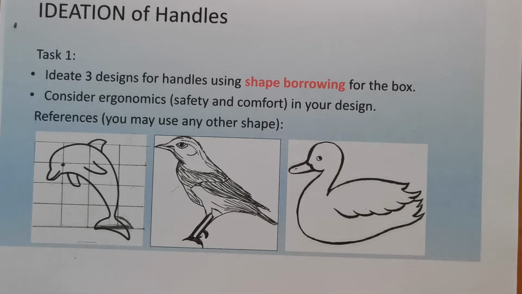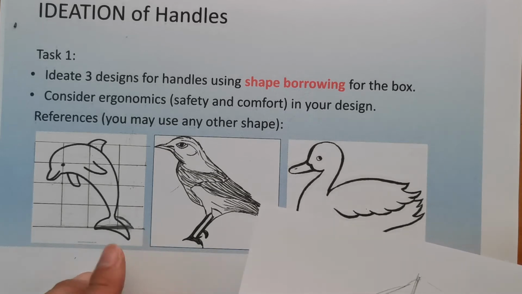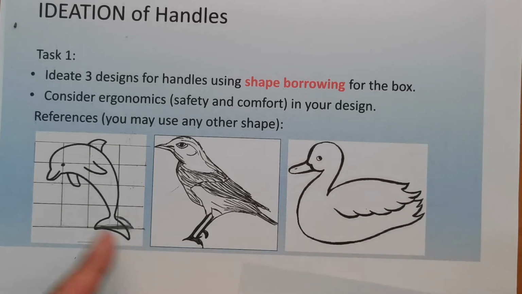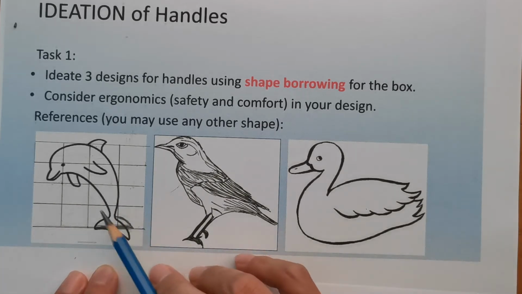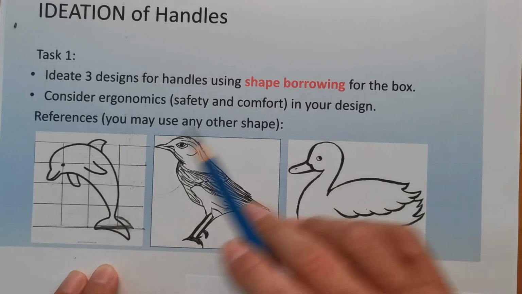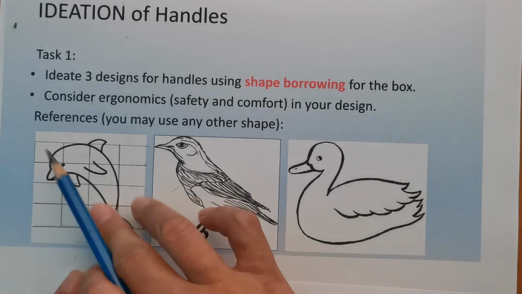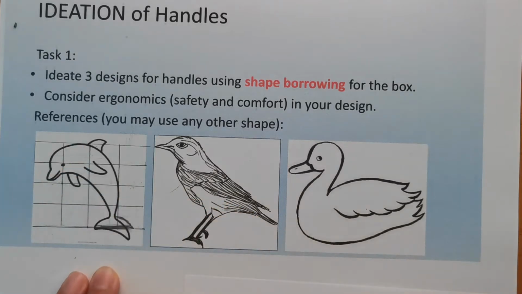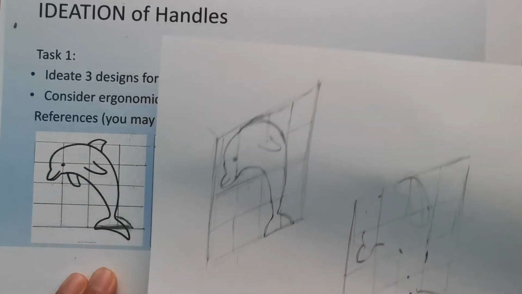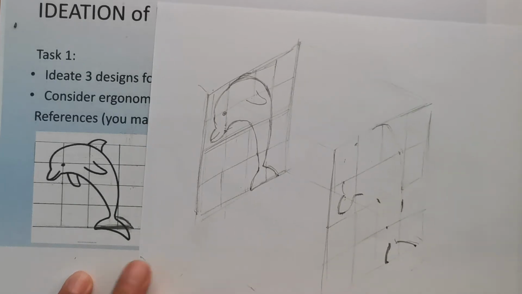If you have some shapes that you like and think you can make a nice handle out of, how do you convert from 2D to 3D? You don't have to follow these; you can get shapes from the internet. Now I will try to use a dolphin. Convert a dolphin from 2D to 3D and then make it a handle. The way I do it is this.